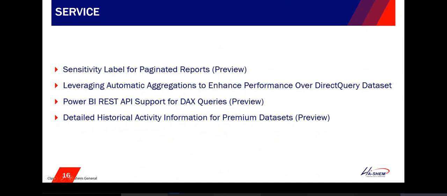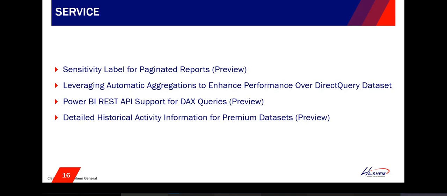So for example, the sensitivity label on paginated reports in your Power BI service is similar to what you have on your Power BI reports. When data from a paginated report, for example, is exported to something like Microsoft Word, Microsoft Excel, PowerPoint, or a PDF file, the report's label and protection settings can be applied to the exported files.